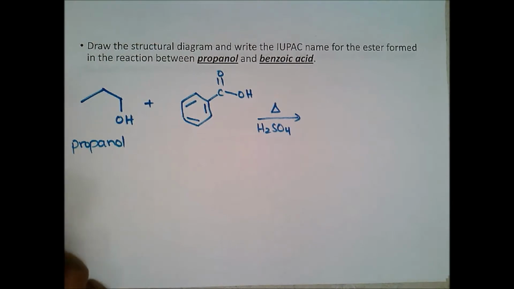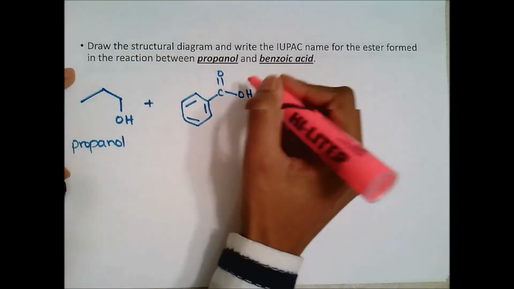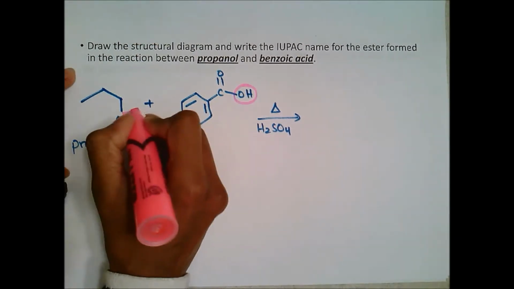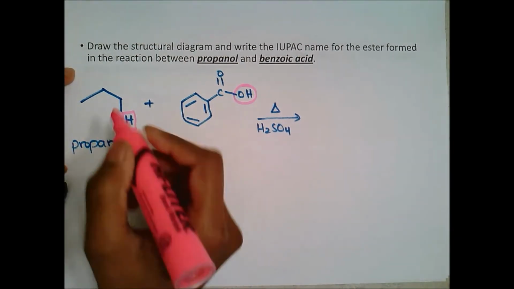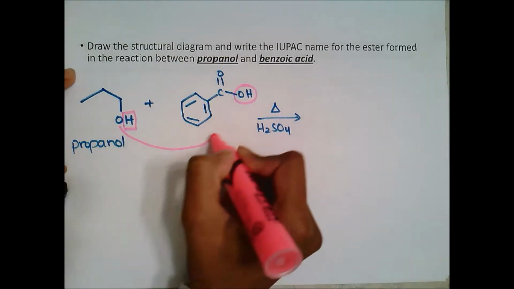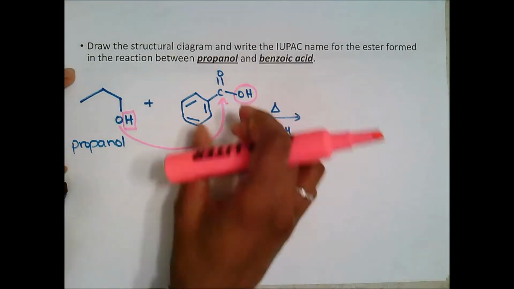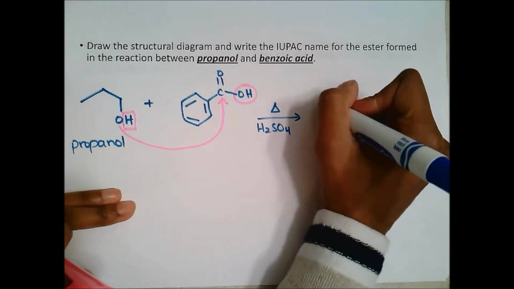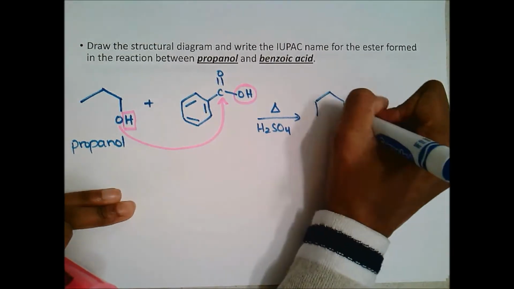So again, what's going to happen is your hydroxyl group is going to come off, the hydrogen comes off, and the rest of our molecule, this oxygen, is going to add to that carbon on the other side there. So our molecule is going to look like this.